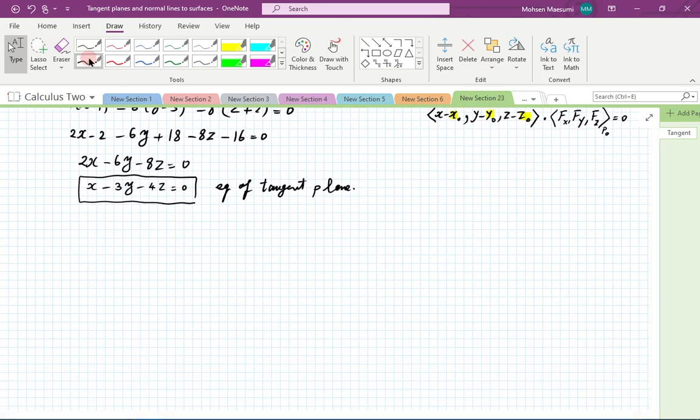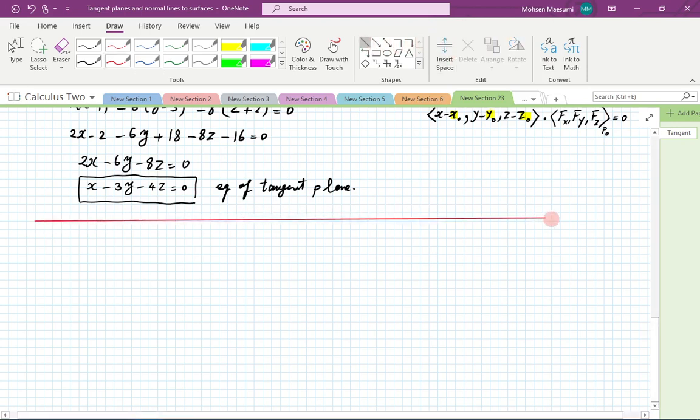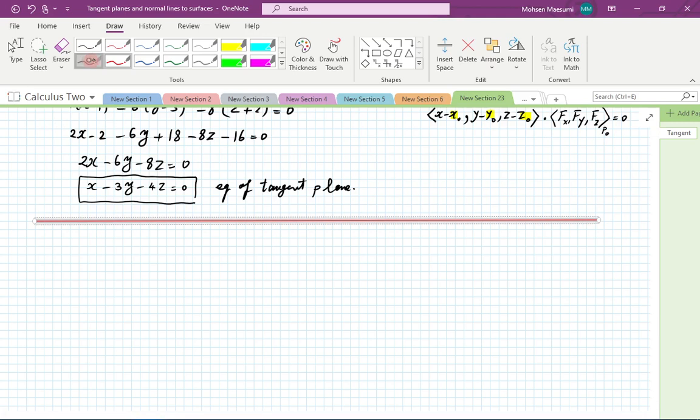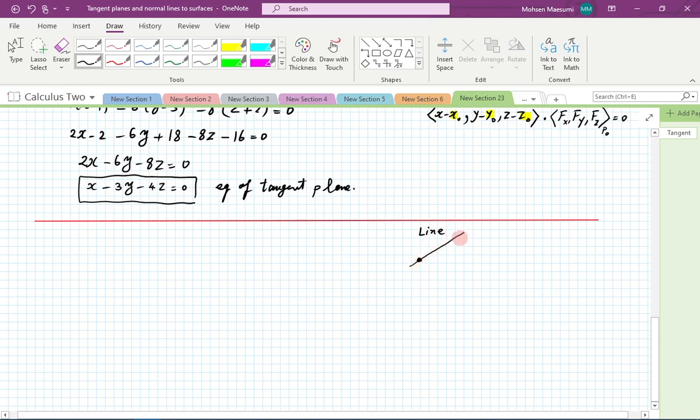Let me just refresh your memory from essentially algebra from high school. How did we write the equation of a line? If you want to go in a certain direction, so you have a line, you have a starting point on that line, and you're going in a certain direction.